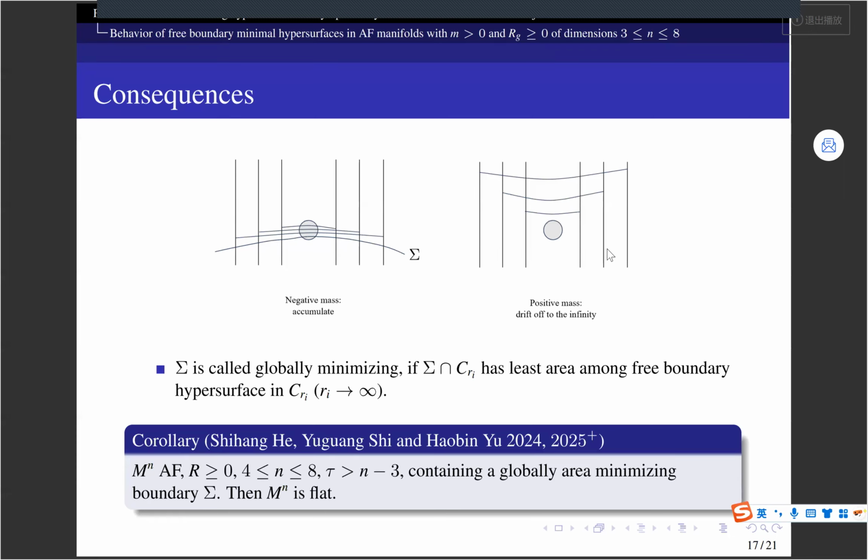So the result is that the solution to the free boundary minimal hypersurface must drift to infinity. The essential part is that for negative mass you have mean convex hyperplanes, then the maximum principle works, and then you can say what you want to say, right? Yes, theoretically, you can think in that way. Oh, okay, I got it. And you have this global area minimizing boundary and it's flat. Okay, I got you.